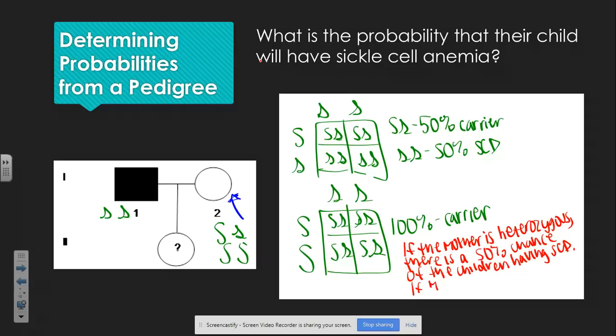If mother is homozygous, there is a 0% chance. Hopefully you can turn on the closed captioning so you can actually understand what I'm saying there. I know that my writing is quite sloppy. Okay, so we have two different possibilities.